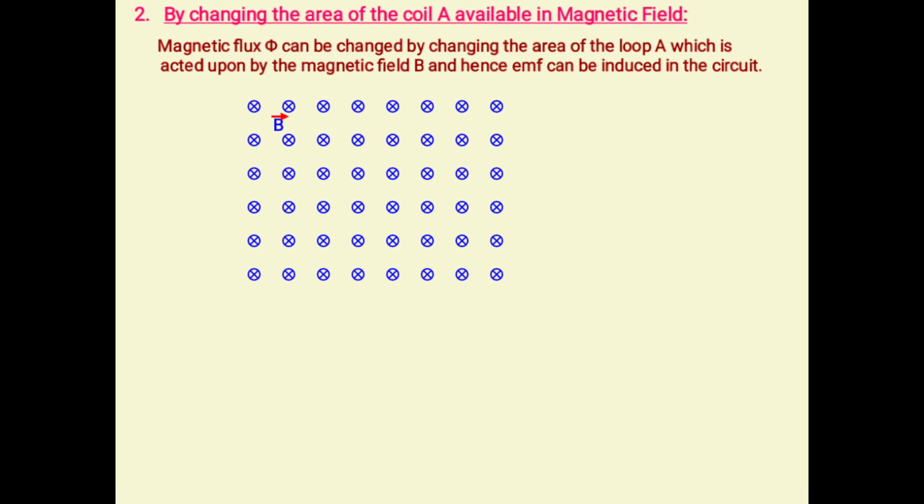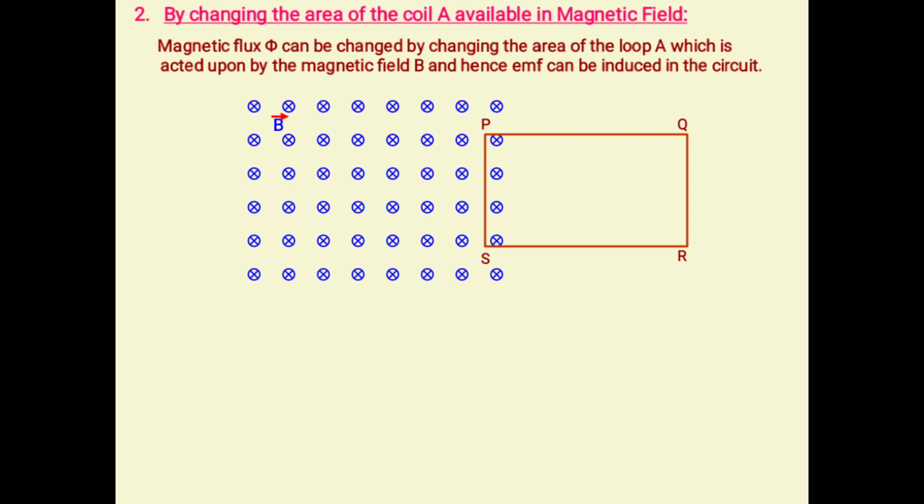And here we can have a very important relation for motional EMF, that is, EMF induced in the coil due to motion of the coil inside a magnetic field. Suppose there is a magnetic field, a crossed field, that means magnetic field lines are normal to the plane, and the coil is PQRS.